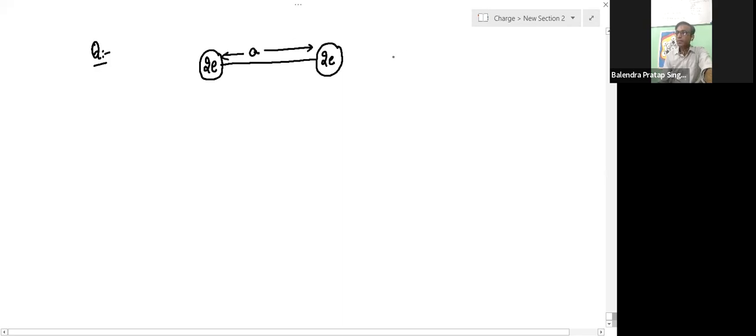Now try to find the neutral point, so try to find where the neutral point will exist.